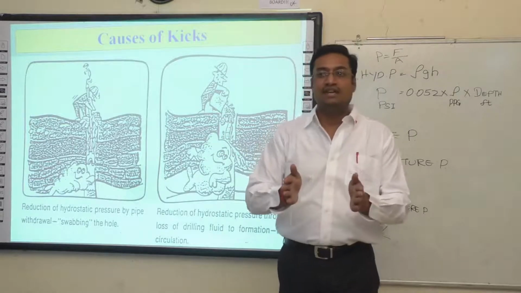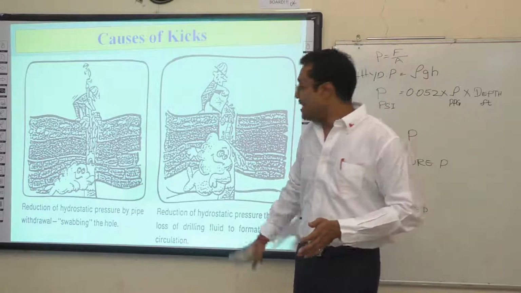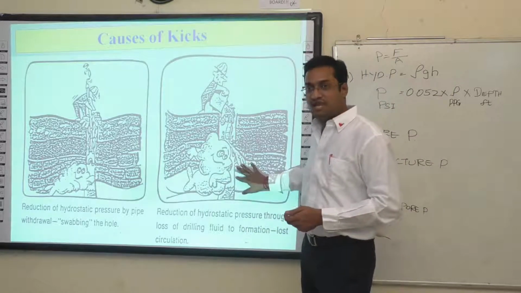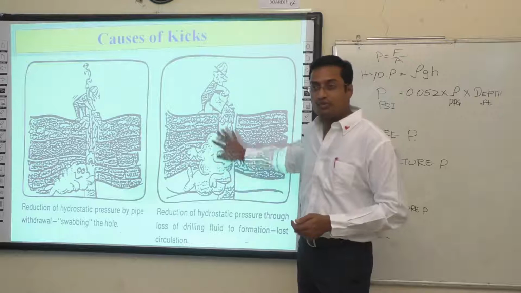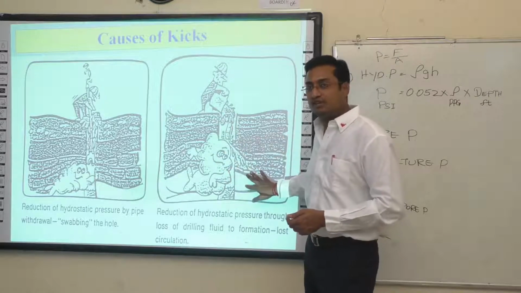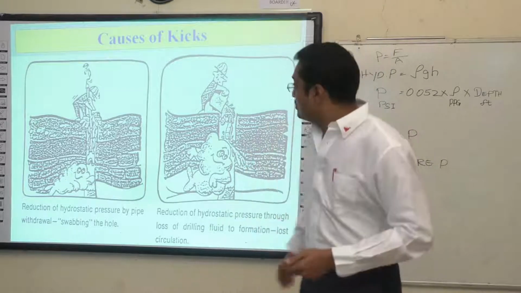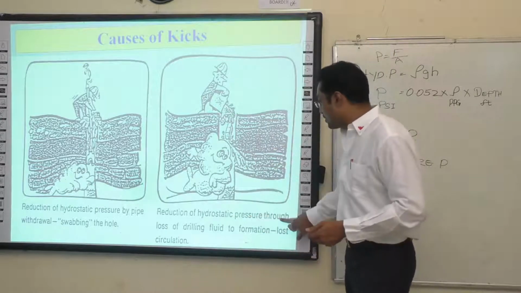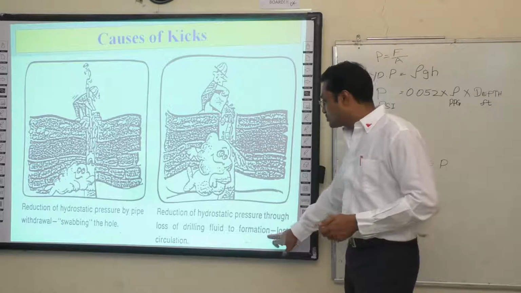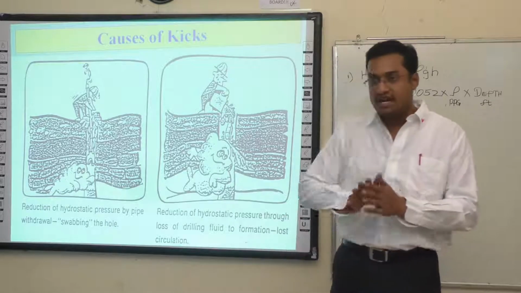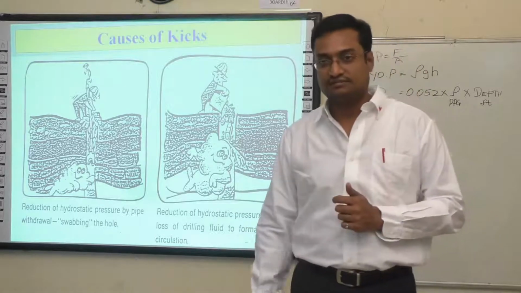There will not be any fracture zones. You may or may not encounter a fracture zone. If you encounter a fracture zone, you may end up in lost circulation and you may get a kick. So this is about reduction in hydrostatic pressure because of the loss of drilling fluid into the formation, lost circulation.